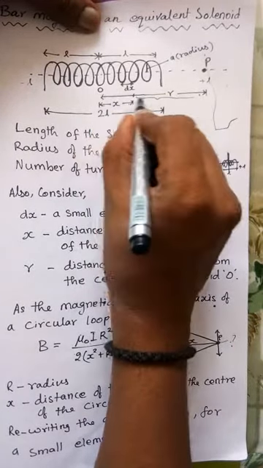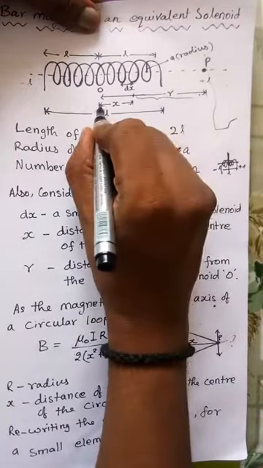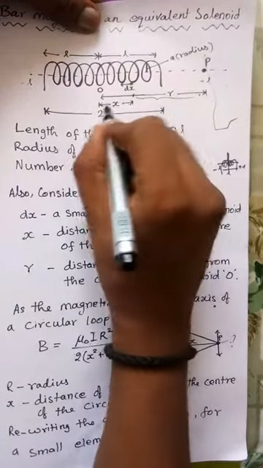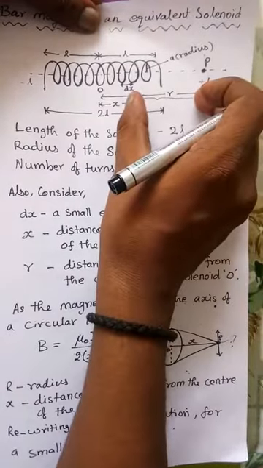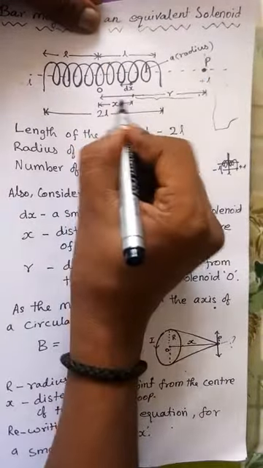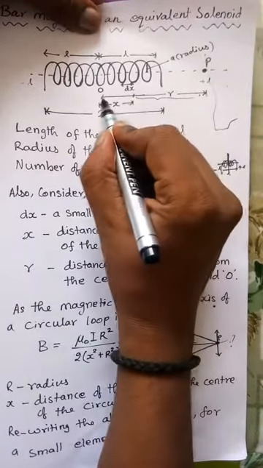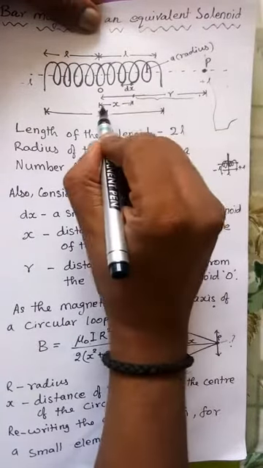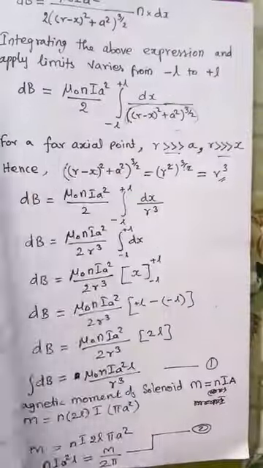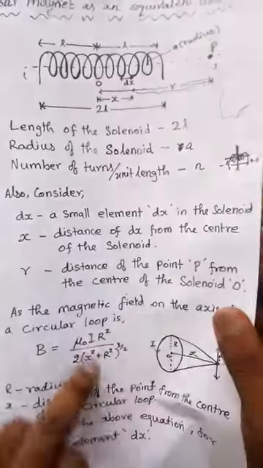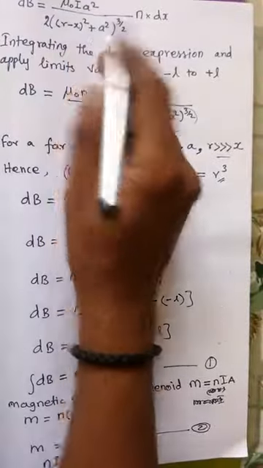So the total value R minus this distance, R minus x, gives you dx to P. So O to P is R, minus O to dx, which is x, so R minus x. So we have (R minus x) square plus A square.